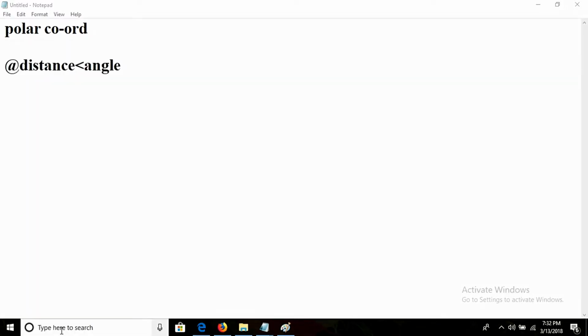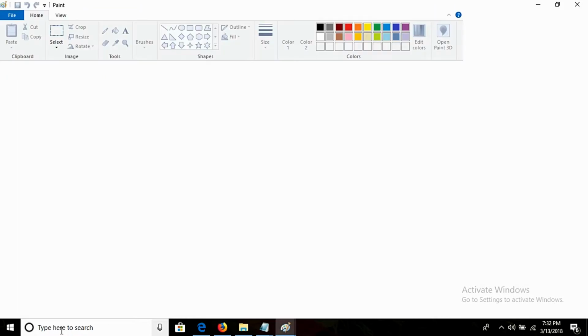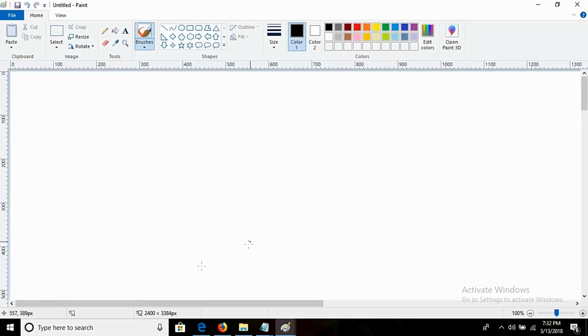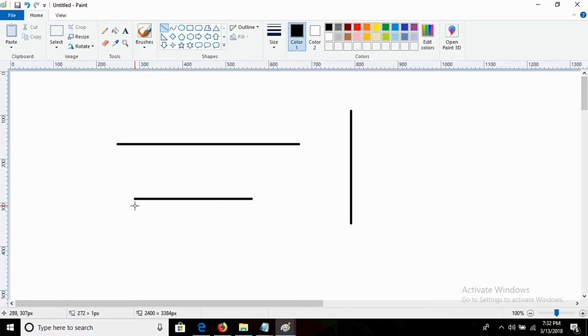See friends, if you draw a line like this, this is 0 degrees. If you draw a line like this, it is 90 degrees, and if you draw the line like this, it is 180 degrees, because of this origin. If you draw the line like this, we have some different type of angles, right?